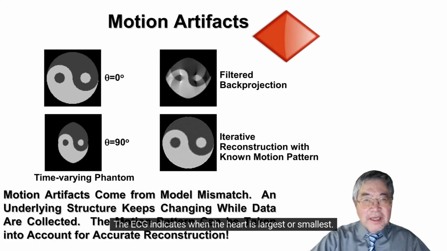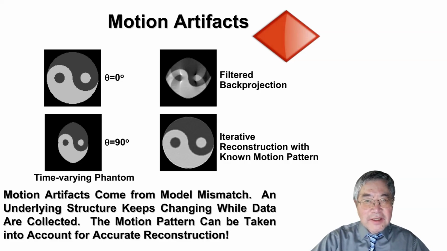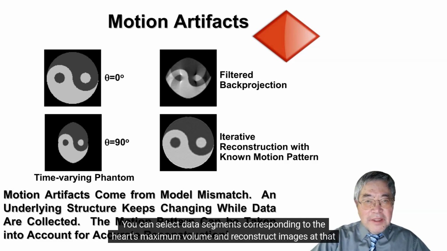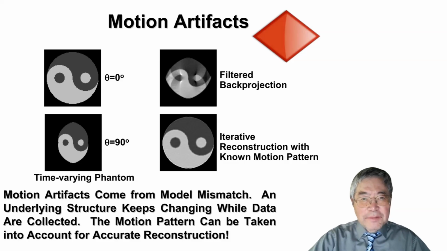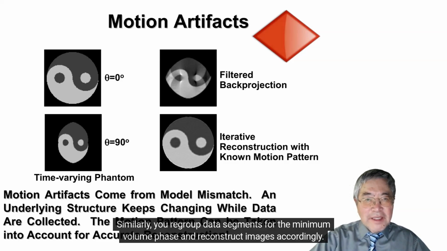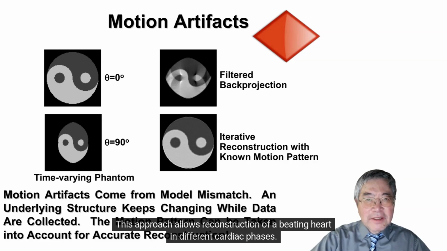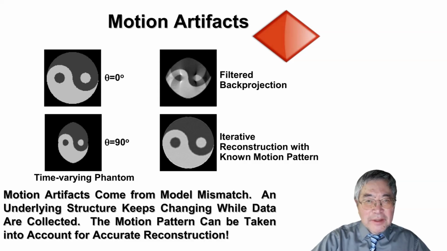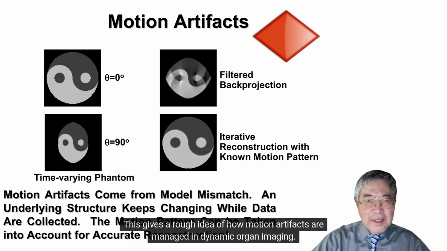The ECG indicates when the heart is largest or smallest. You can select data segments corresponding to the heart's maximum volume and reconstruct images at that phase. Similarly, you regroup data segments for the minimum volume phase and reconstruct images accordingly. This approach allows reconstruction of a beating heart in different cardiac phases. This gives a rough idea of how motion artifacts are managed in dynamic organ imaging.